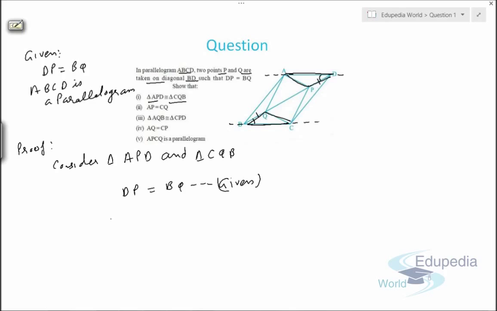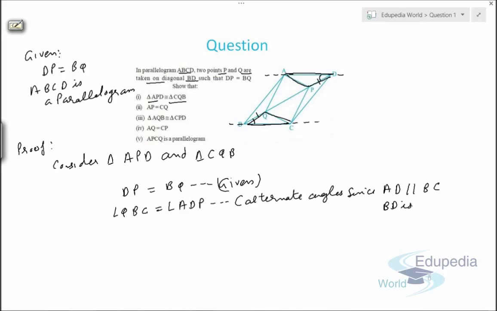So we can say that angle QBC equals angle ADP. Why? They are alternate angles. And why are they alternate angles? Since AD is parallel to BC and BD is a transversal.